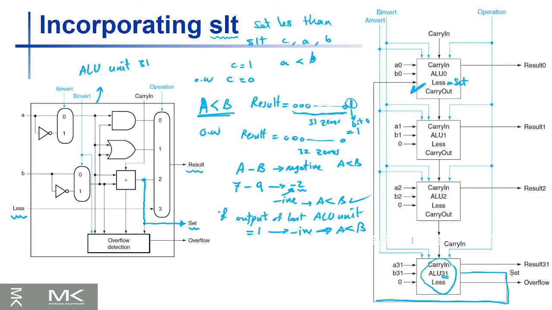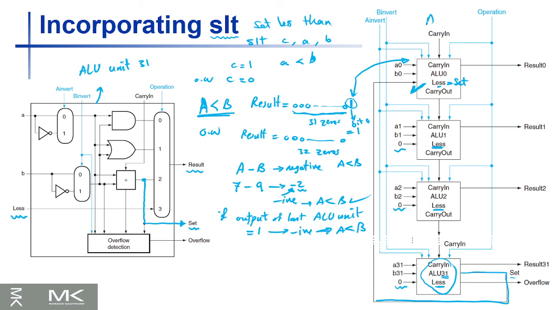That's why we connected the set to the less input of the very first bit, the least significant bit, which is ALU 0. And the same less input for any other ALU unit, including the last one, will be connected to 0.